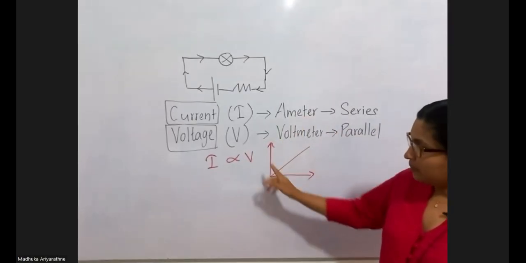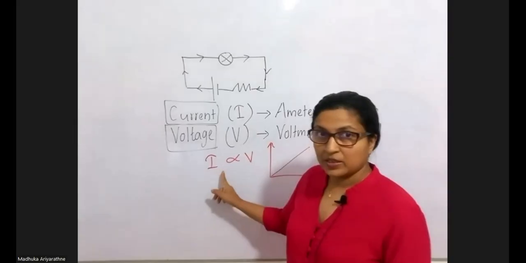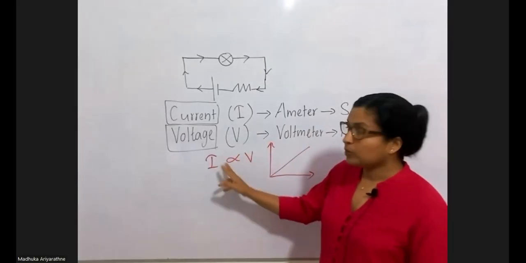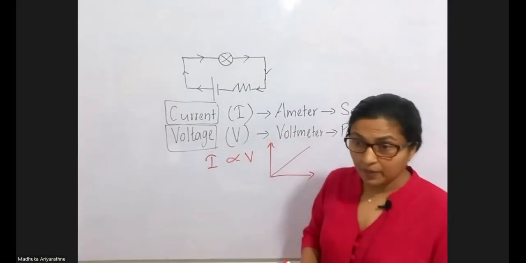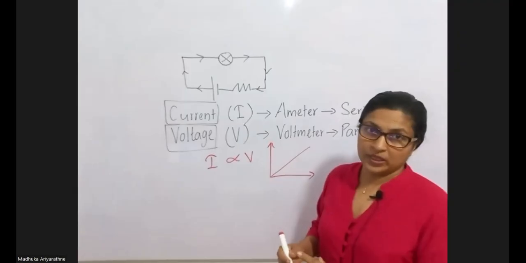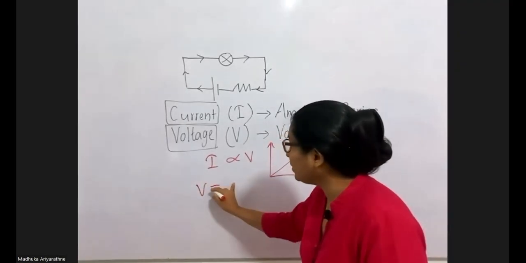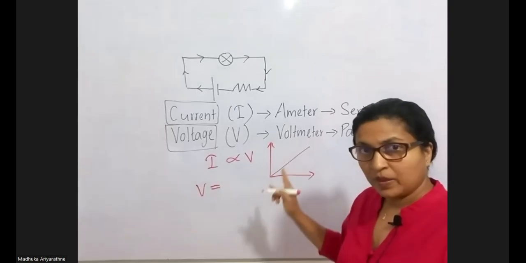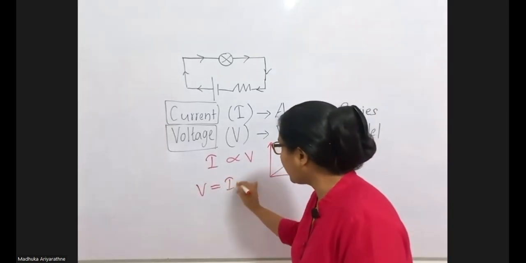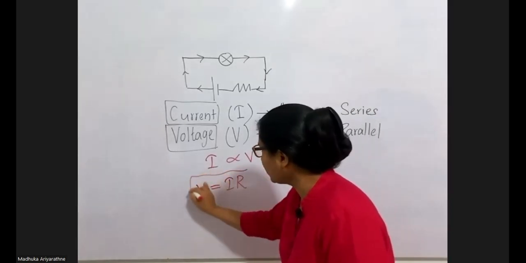So since I is directly proportional to V, can't we use an equation? We can. So what's the equation we derive from this? V equals IR.